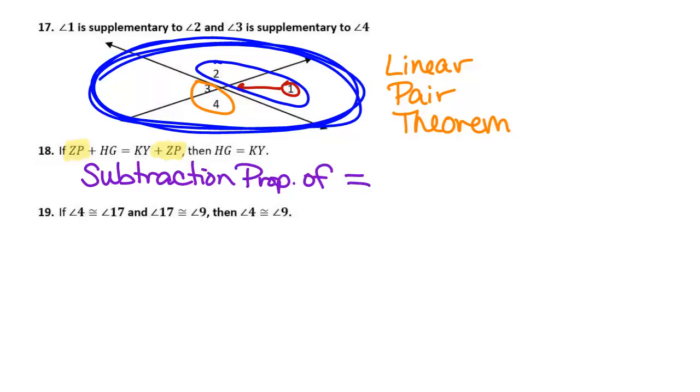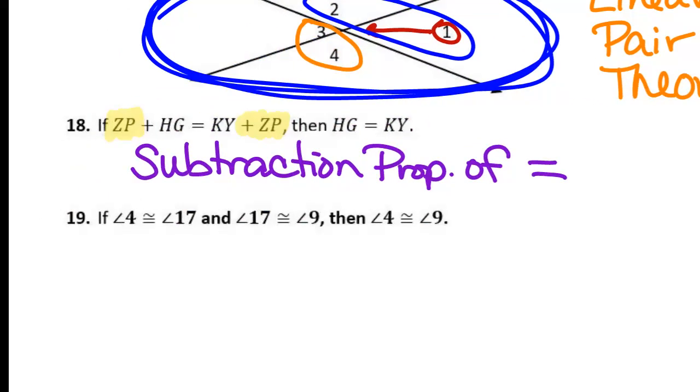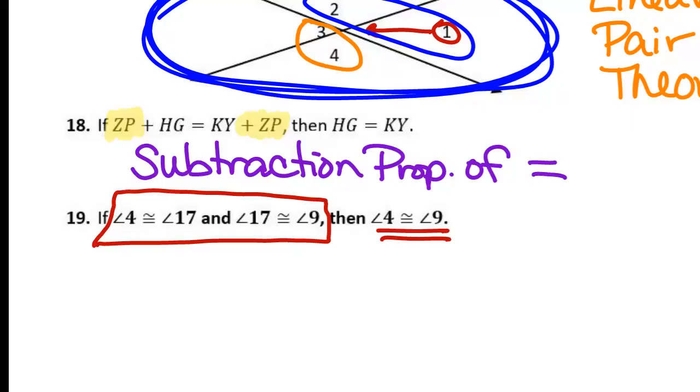Number 19. Ooh, I like this one too. All of this is part of my if, right? It says 4 is congruent to 17, 17 is congruent to 9. And then here's my then. What doesn't show up in the then part? 17. Both 4 and 9 were the same size as 17.